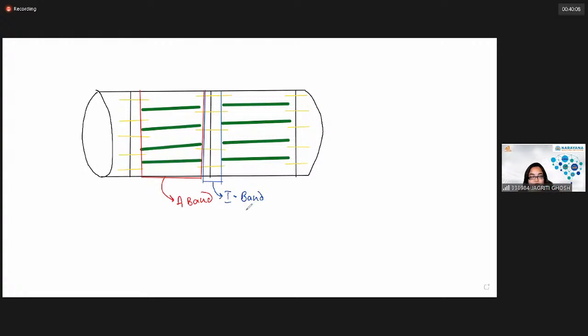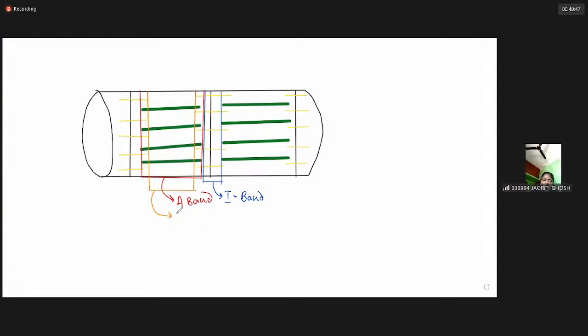Now finally, the portion where only thick filaments are present, no overlapping of thin filament, only thick filaments are present, this area is called as H zone.